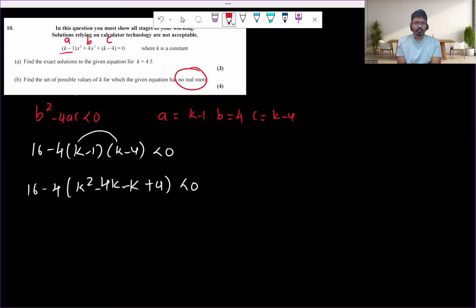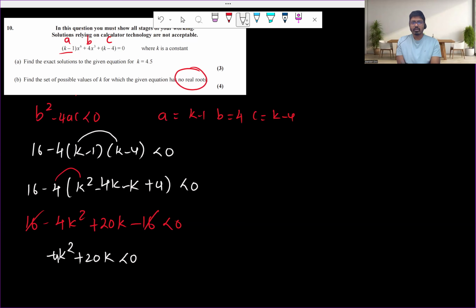Further upon solving this, 16 minus 4k squared, minus 5k times minus 4 which gives plus 20k, and then minus 16, is less than 0. The 16 and 16 cancel, and we get minus 4k squared plus 20k less than 0.